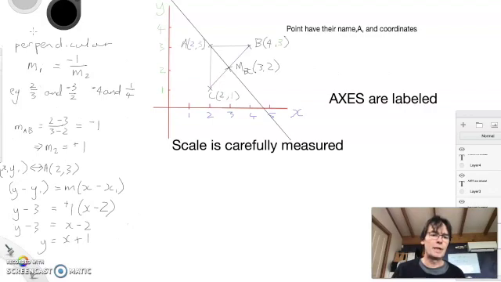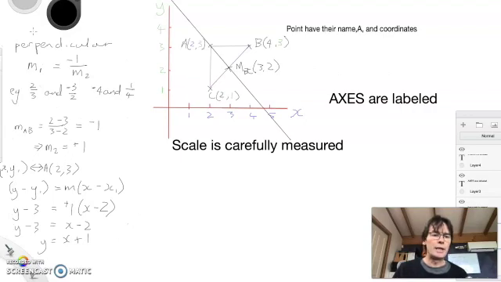So for example, if we had 2/3 as the first gradient of the first line, then the gradient of the second one, we flip it upside down, the 3 goes on top, the 2 goes on the bottom, and we change its sign from positive into negative. Or if we had negative 4 as the first gradient, then flipping it upside down, since that's 4 over 1, becomes 1 over 4. And we change its sign. Started off negative, changes to positive.